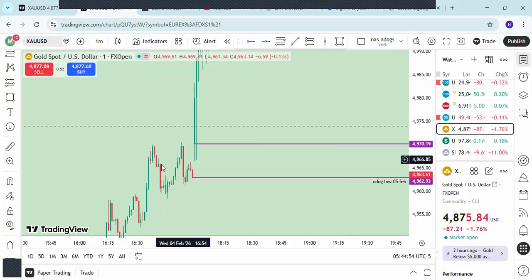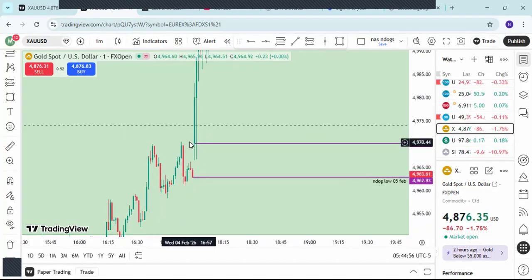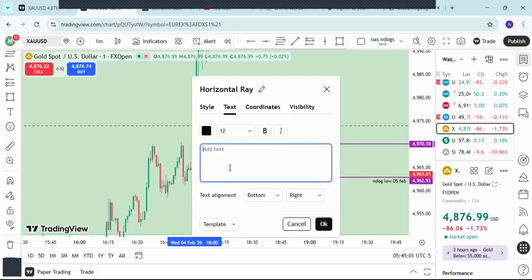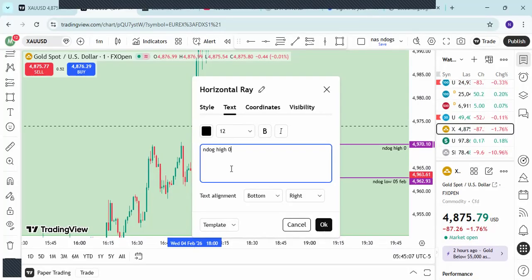You find it on Wednesday, but then we write it for the next day. The date is for the next day. This is new day open gap high, 05 Feb. That's that.